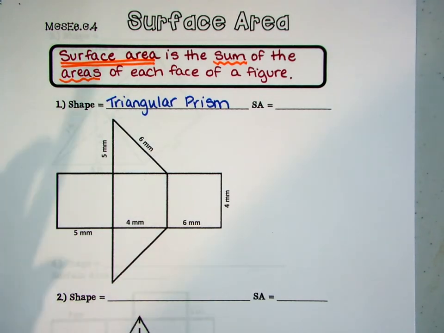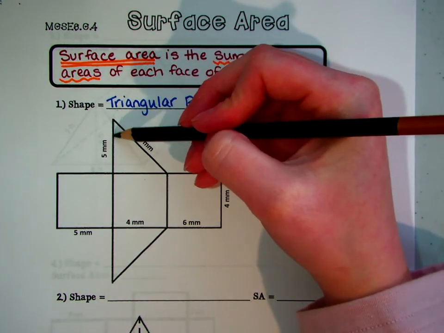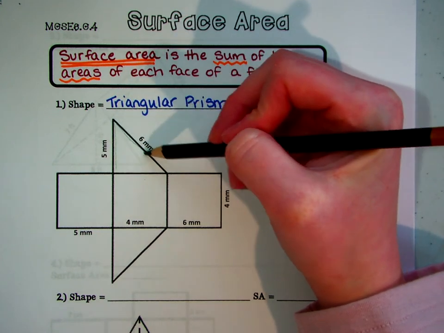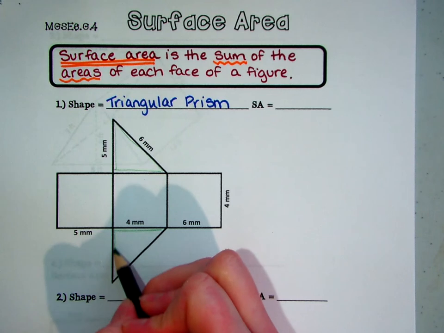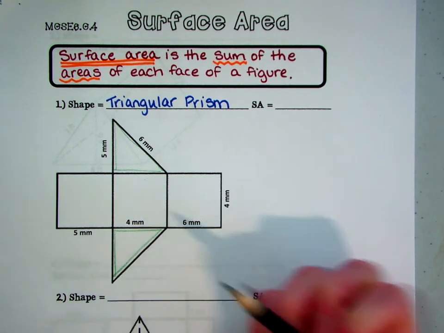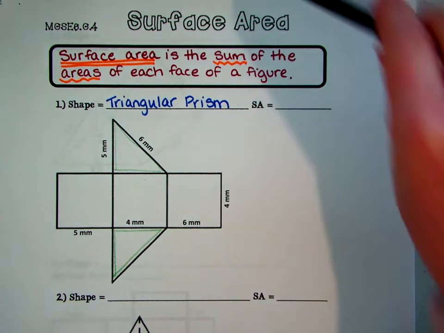My recommendation would be for us to start with the triangles. Now, if you remember from yesterday's lesson, the triangles here are congruent. They are equal to one another. They have the same areas.